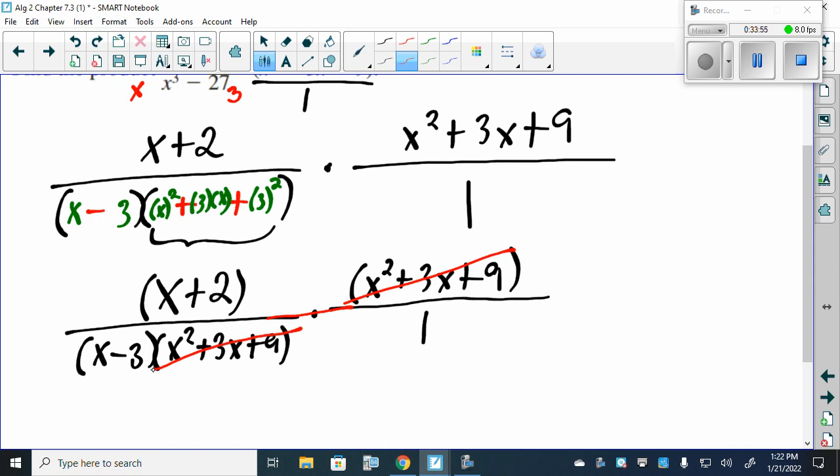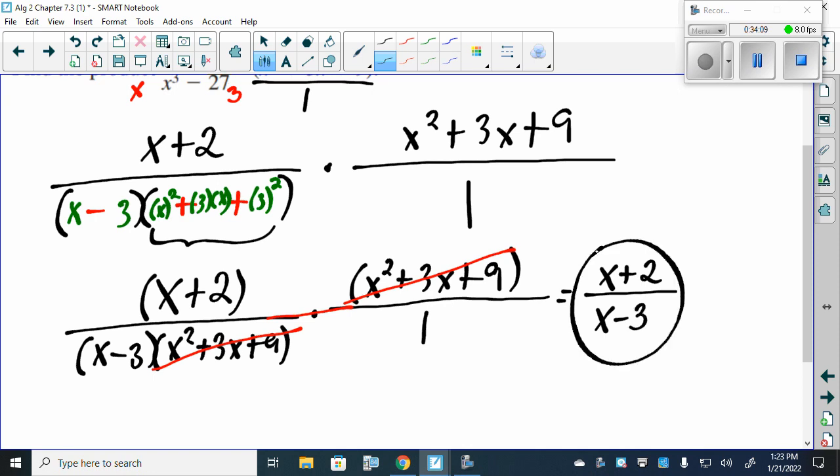So we can go on and connect them, and these two cancel, leaving us with what? x plus 2 over x minus 3. If it is helpful to rewrite it, I would rewrite it to where they're all on the same line, kind of organized, because that is sometimes helpful.